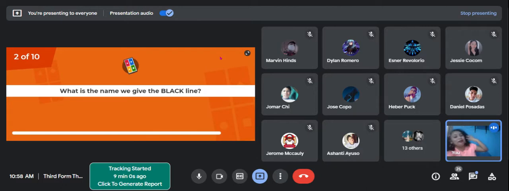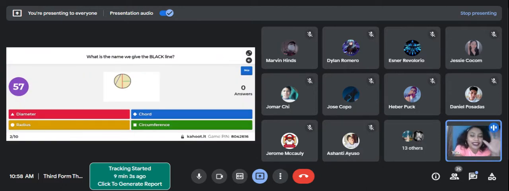What is the name we give to the black line? So in the same picture, what do we call the black line?